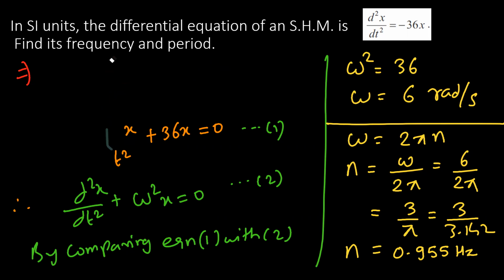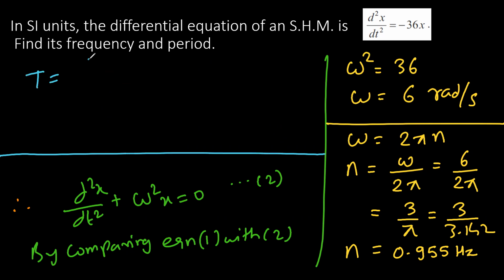After that, we need to find the time period. Now what is the time period? It's 1 upon frequency, the reciprocal of frequency. This is 1 upon 0.955.